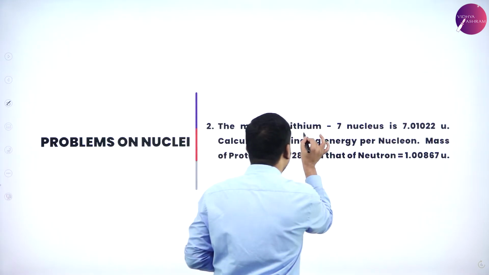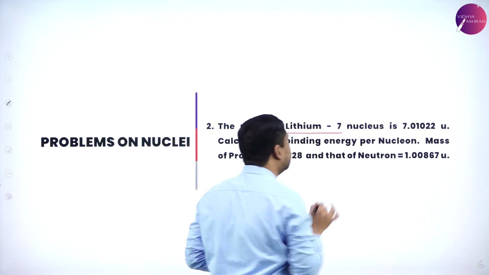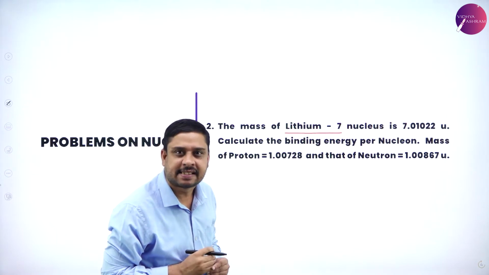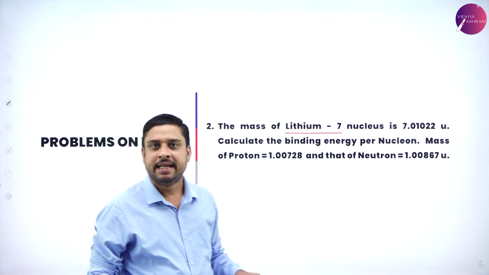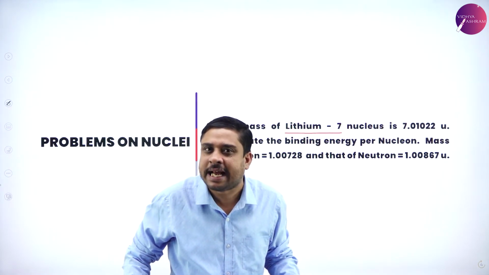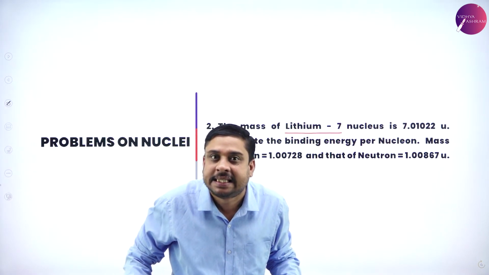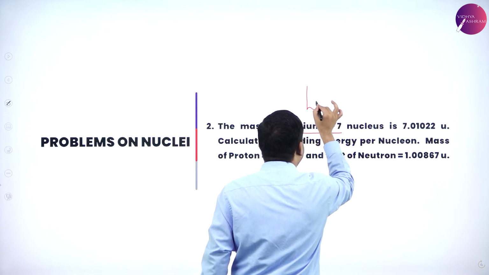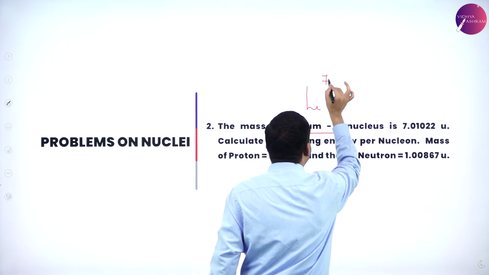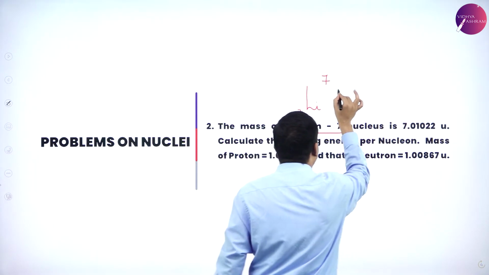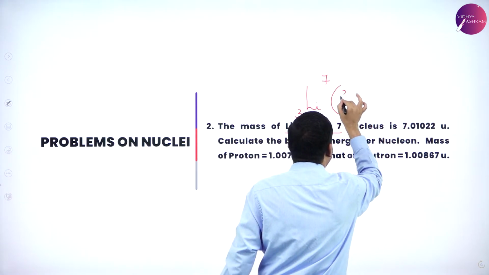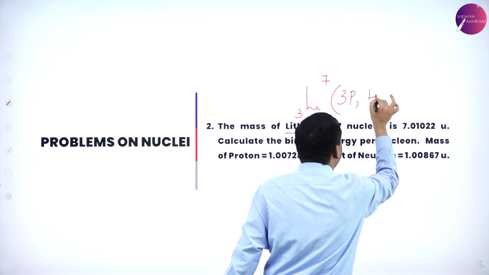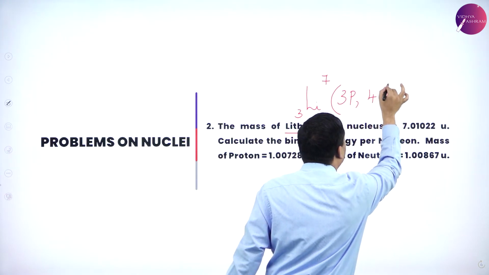Now, the mass of lithium-7 nucleus. Which nucleus is given now? Lithium 7. So lithium 7,3, which has 3 protons and 4 neutrons.